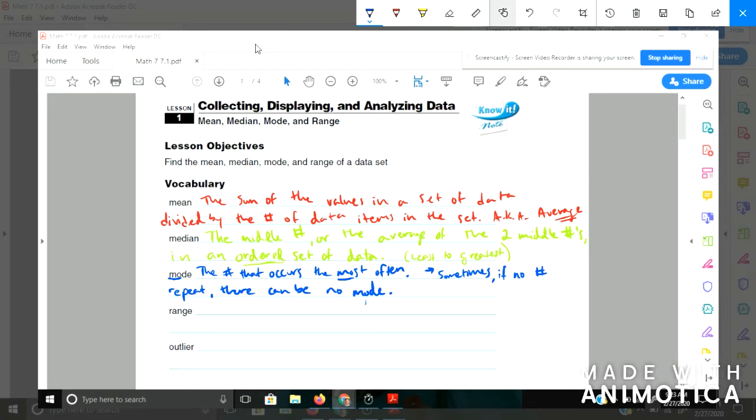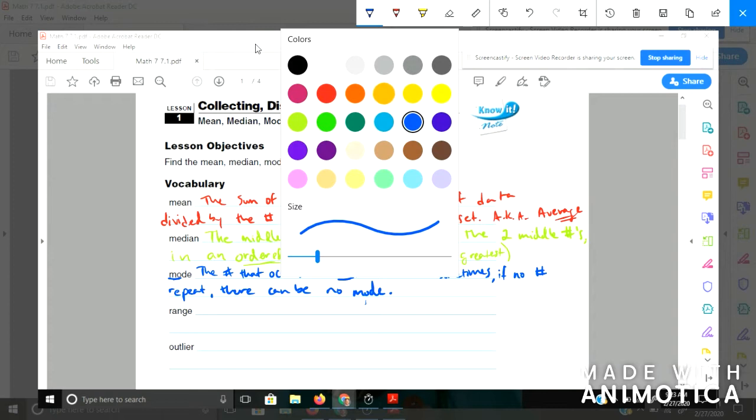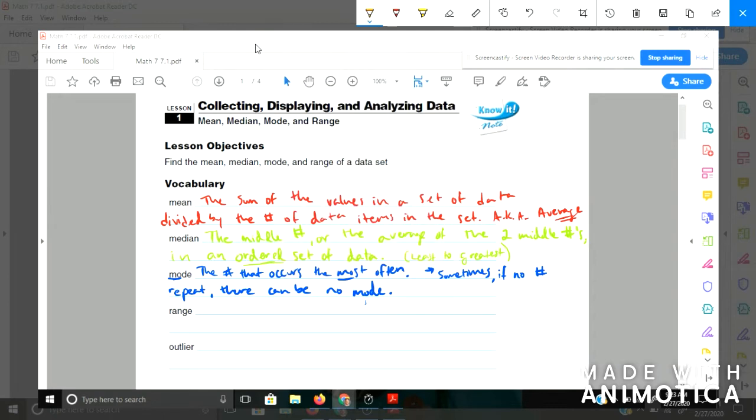The range is the difference between, so subtracting the difference between the greatest and the least value in a data set.